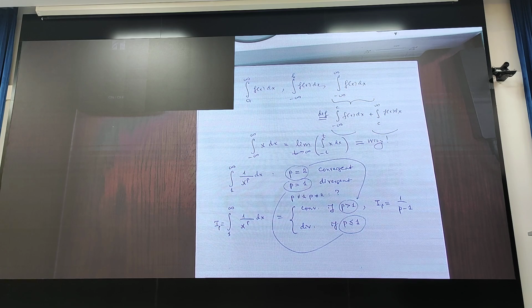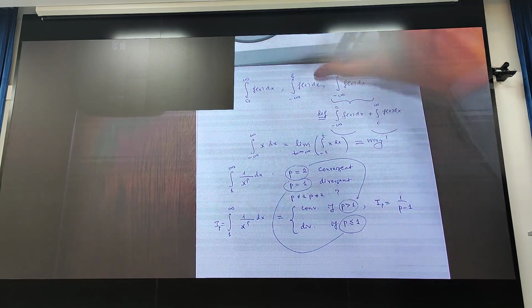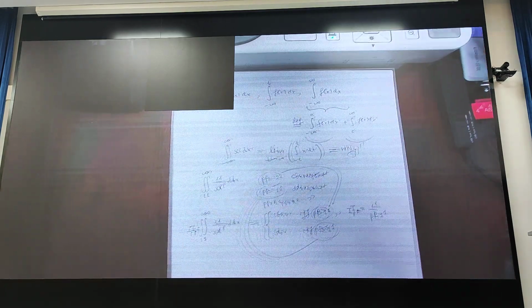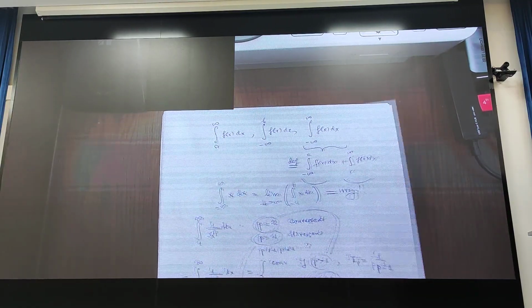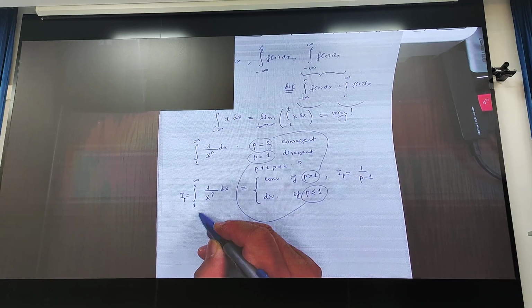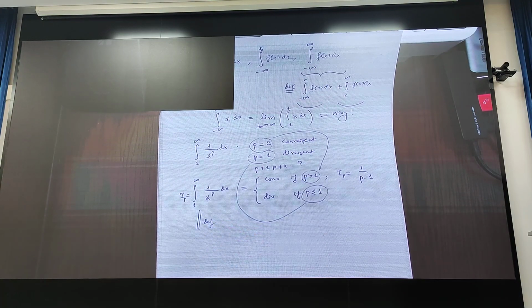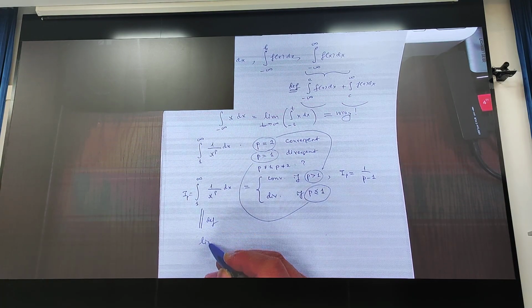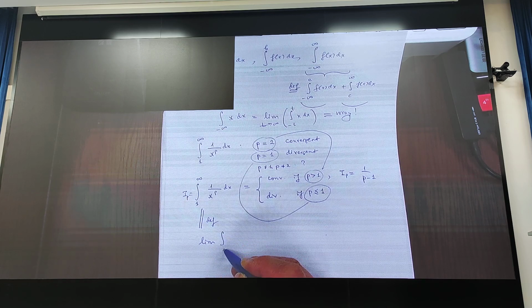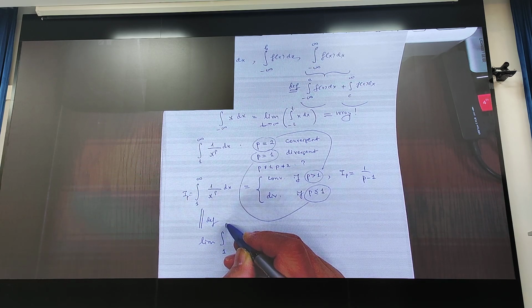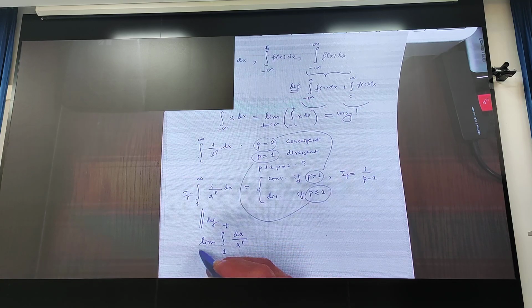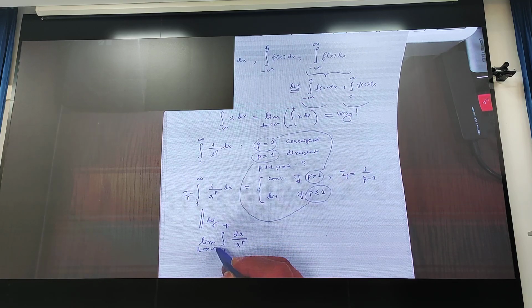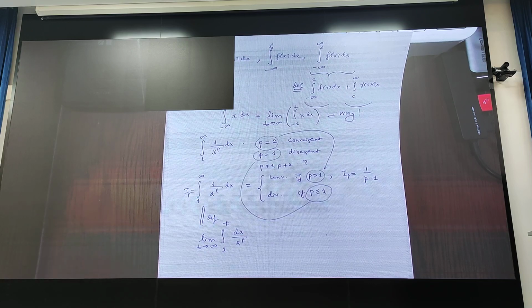Now we prove this easy, useful result, and we see how to work with improper integrals. Okay, by definition, this is the limit of the integral from 1 to t of dx over x to the power p, and let t tend to infinity, right?